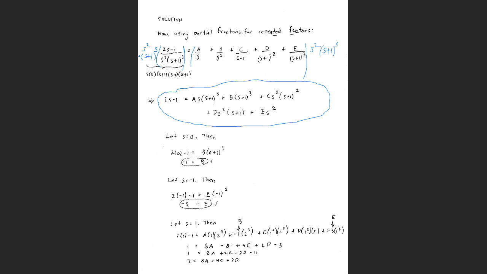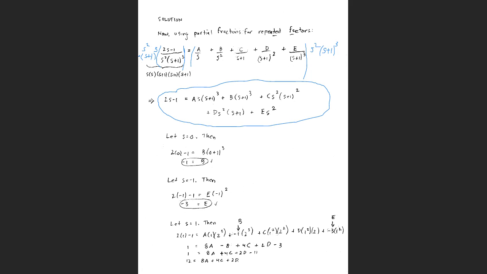And what I'm going to do this time is pick different values of s. This is a second way of figuring out what a, b, c, d, and e are, another approach to partial fractions.